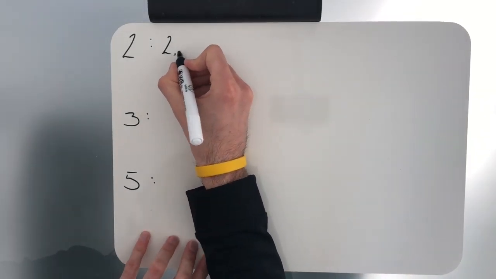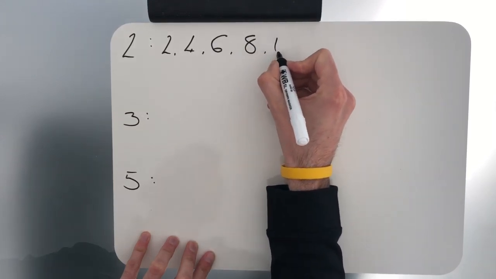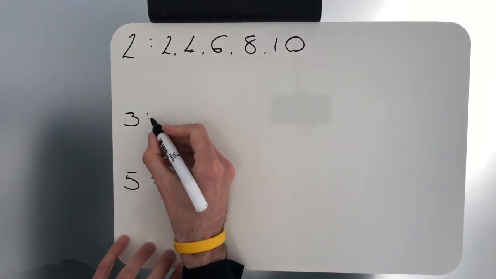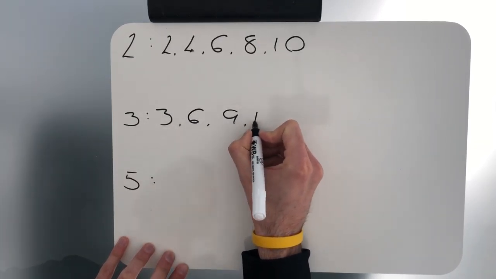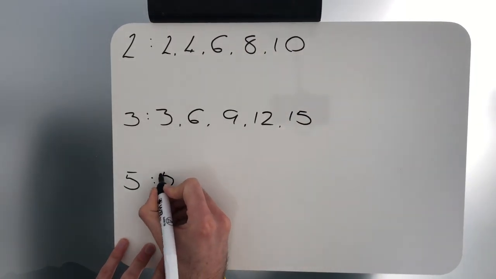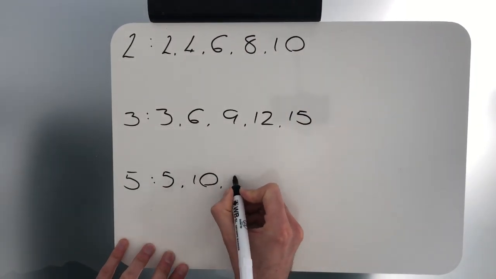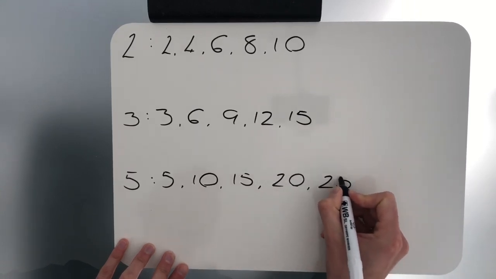So we have 2, 4, 6, 8 and 10. In the number 3 we have 3, 6, 9, 12, 15. In the number 5 we have 5, 10, 15, 20 and 25.